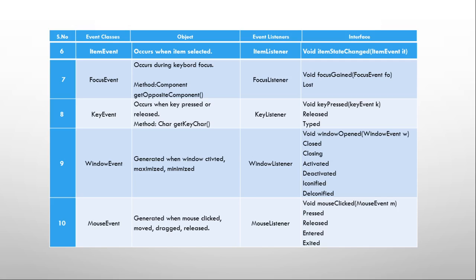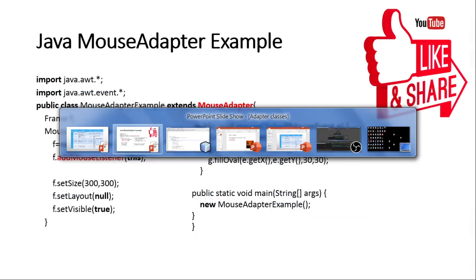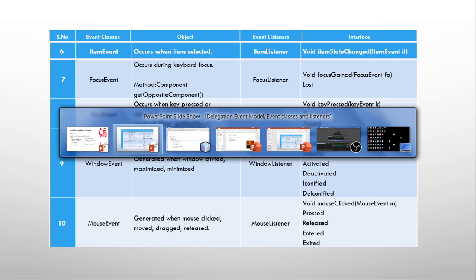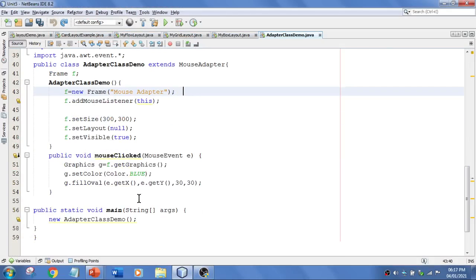You can use just any one of the methods which you want. You don't have to override all the methods. So that is the main advantage of using adapter class, where you can minimize the code. Fine. So I have used here only the mouseClicked method, and again graphics, set color, that is blue, and fillOval, where the position and the size are specified, and the main method object gets created. So whenever the mouse is clicked, something should happen. That is the whole concept of this program.